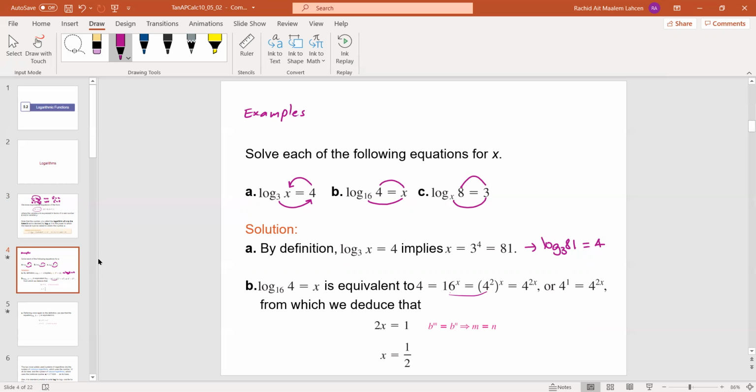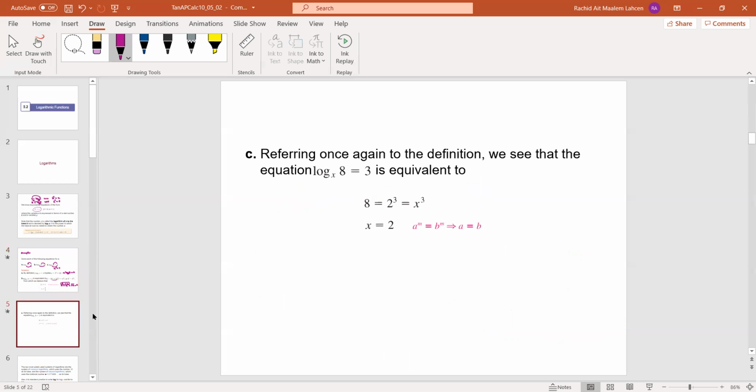Because 16 power 1/2, which is the square root of 16, is 4. So that was the question, 16 to x. Just like we solved this equation here. Same thing here, you're going to do that for x: x to the third equals 8, and that's similar to the example I did.